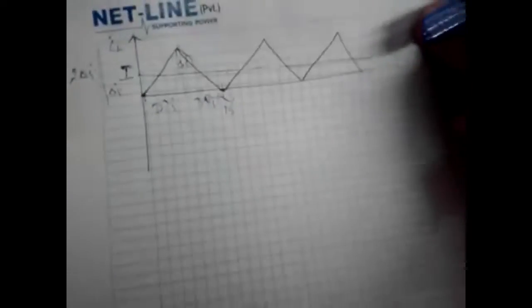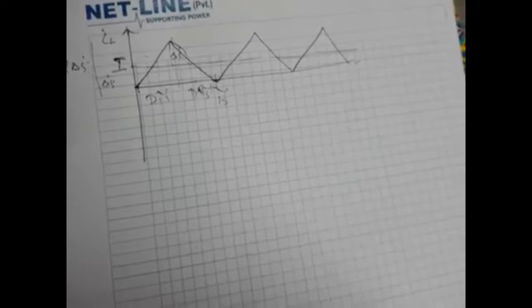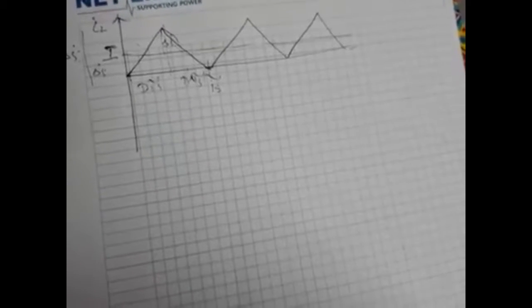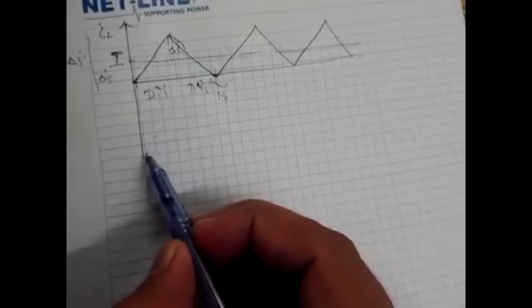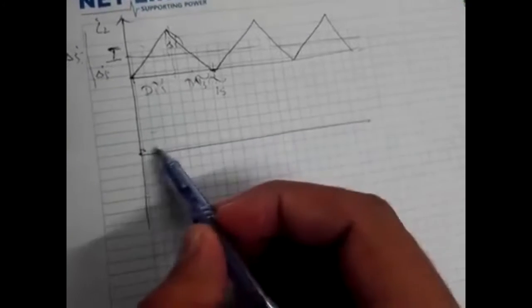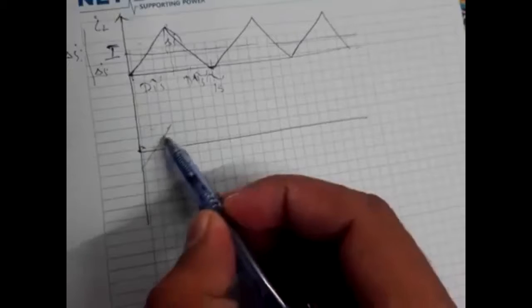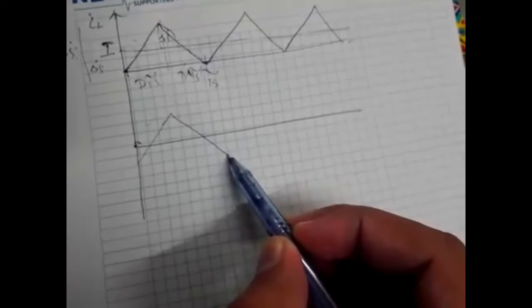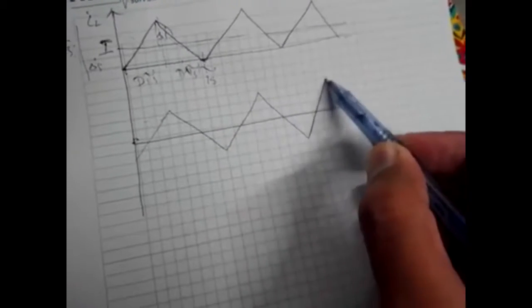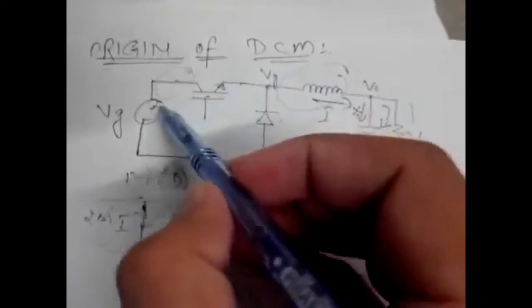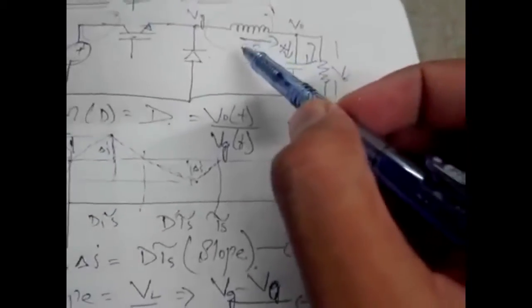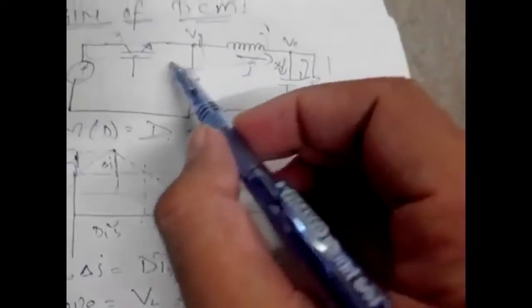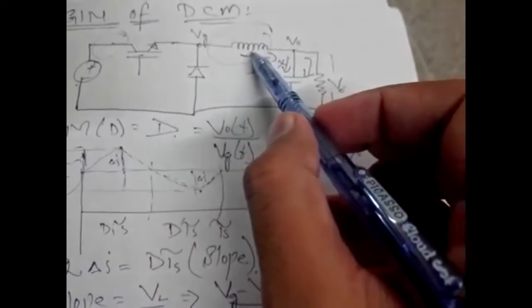Now what happens if we further decrease the DC current? So we get this kind of graph. What does it mean? It means that when you switch on, all the current flows in this inductor and this inductor becomes energized.